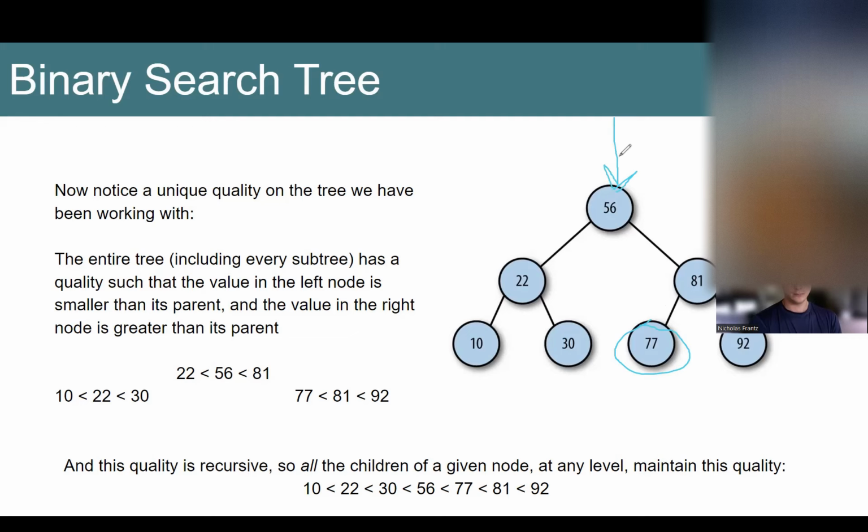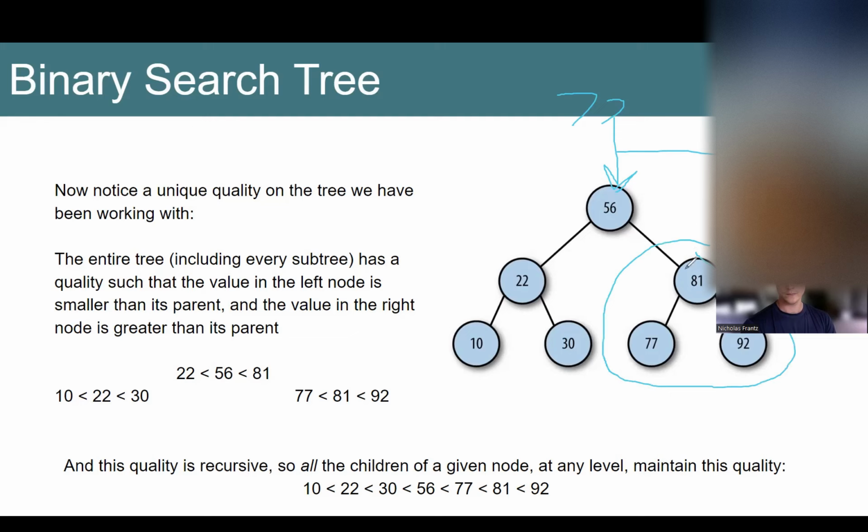Is 77 bigger than 56 or smaller than 56? 77 is bigger than 56. And remember, everything on the right branch is bigger than the value of the node. So we know that we need to look at the right tree. Let me erase that and put in 77 here.